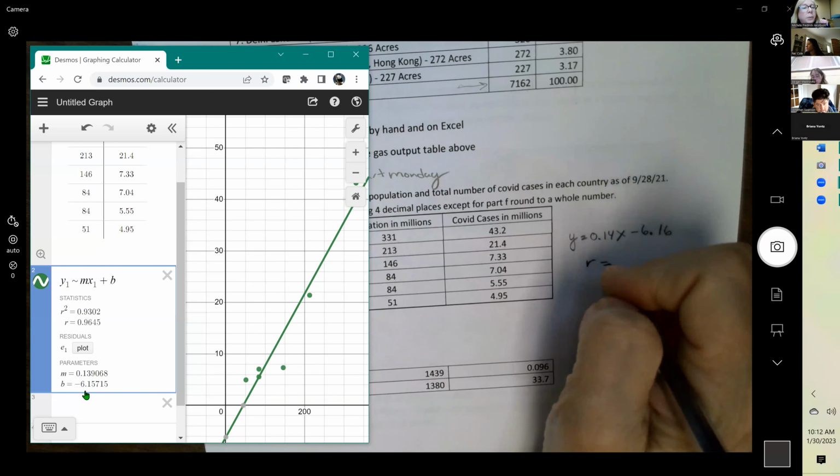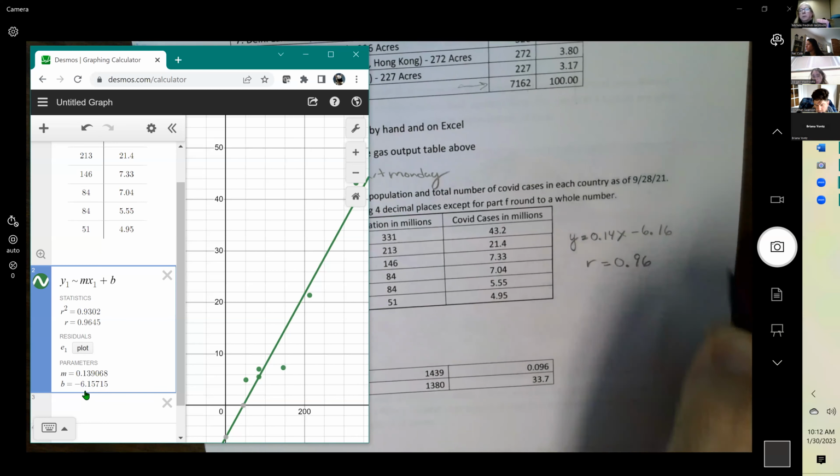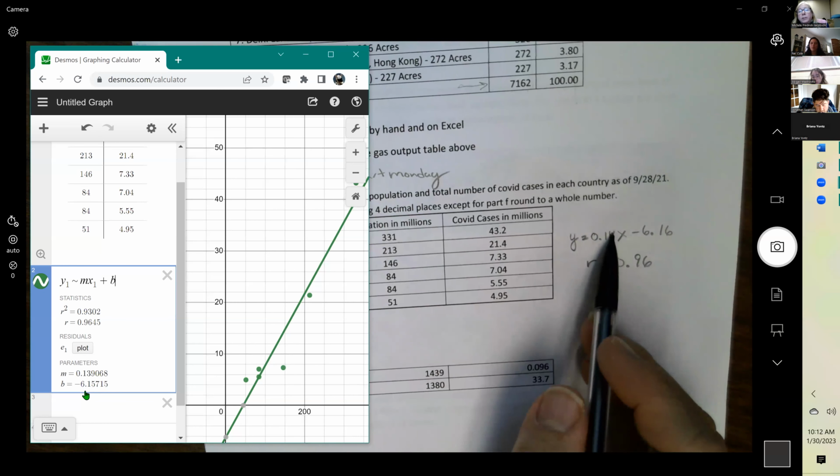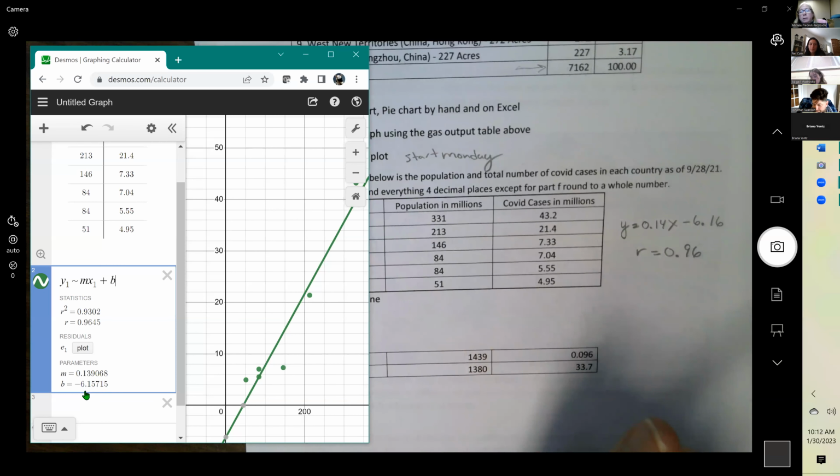And R is 0.96. So that's close to 1. This is a strong relationship. Any questions on that?